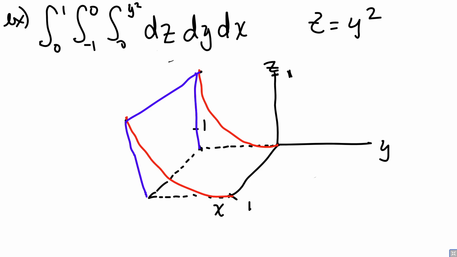So if I start with this point here, what's going to be the coordinate of this point? Okay, this point is going to be 0, 0, 0. Now I'm going to deal with this back point here. What will be that coordinate?